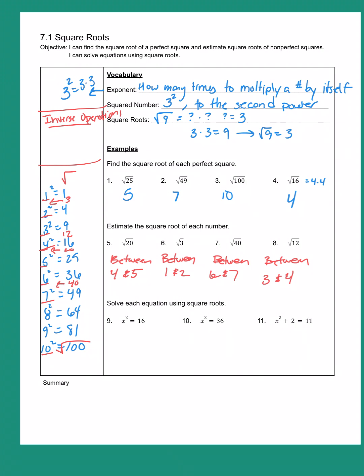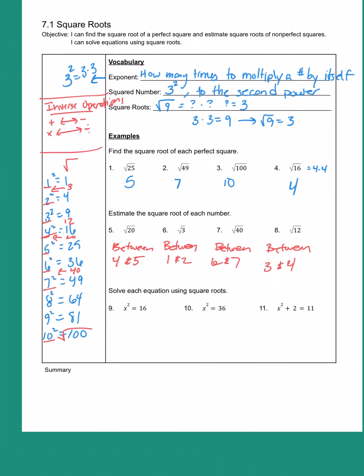So that is when we had things like plus and minus were opposite or inverse operations. Multiplying and dividing are inverse operations. And a new one that we're going to look at today is squared, like x squared. The inverse of that is a square root.